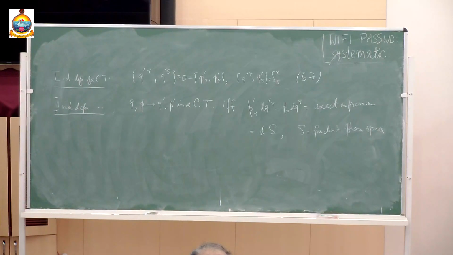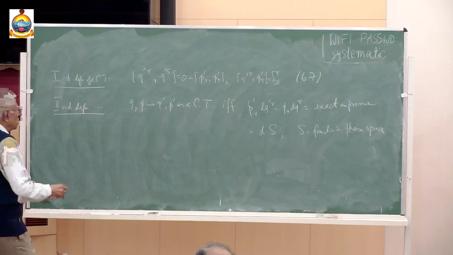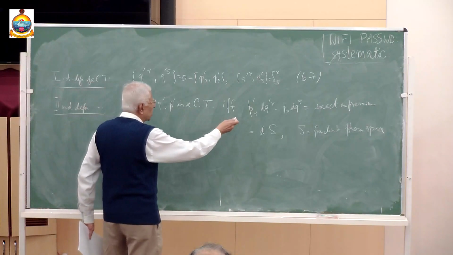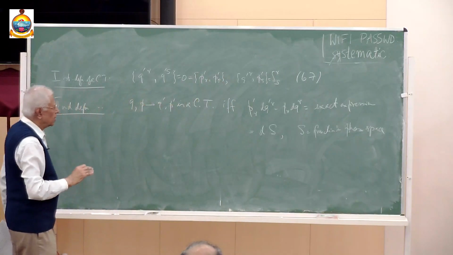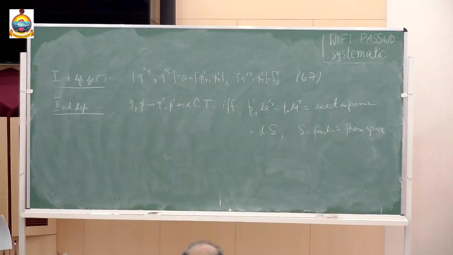Okay. So you have to look at it, play around with it to really feel that yes, this definition is entirely equivalent to the first definition. And you can see that the second definition is in many ways very, very compact.